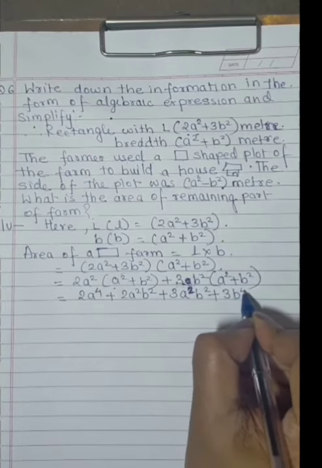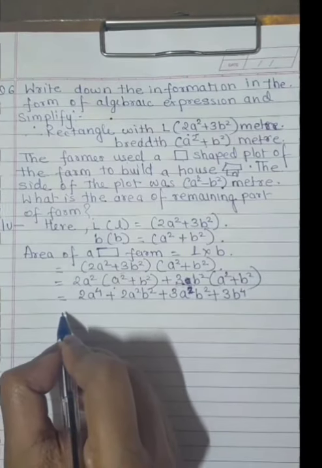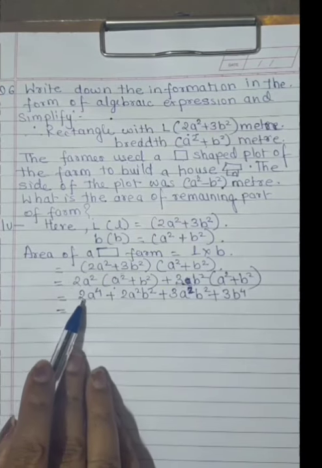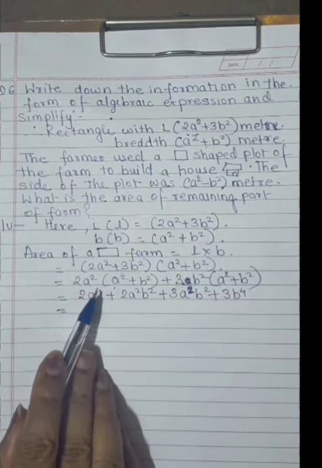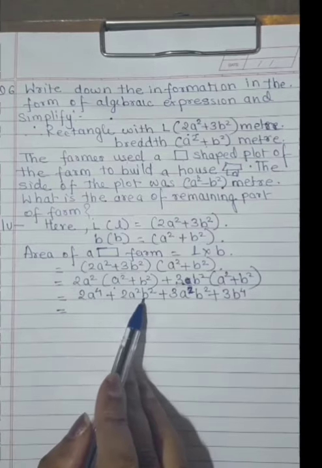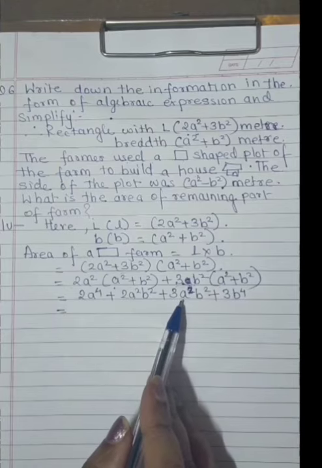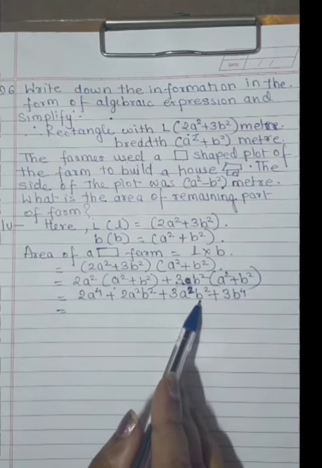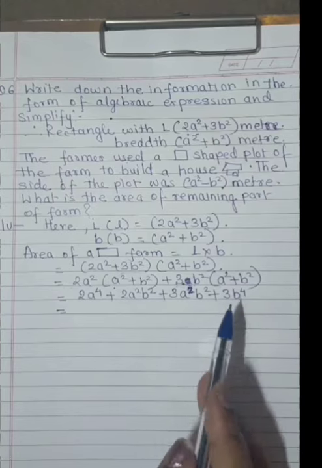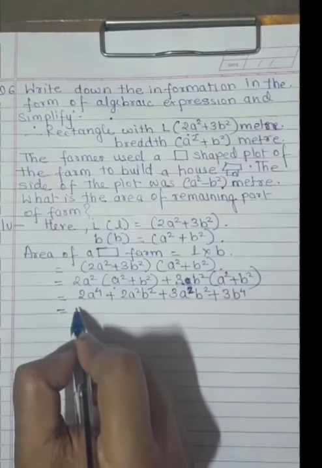Okay, now the next step will be, as you can see here, 2a to the power 4 plus 2a square b square is given, plus 3a square b square plus 3b to the power 4 is given. Now we will write this in a bracket.